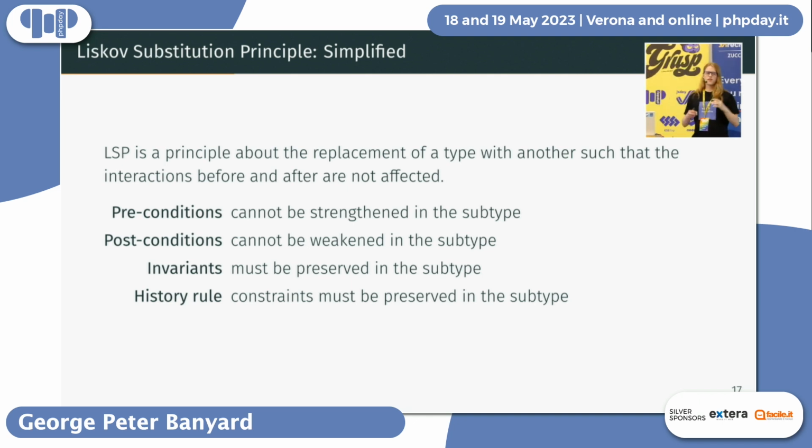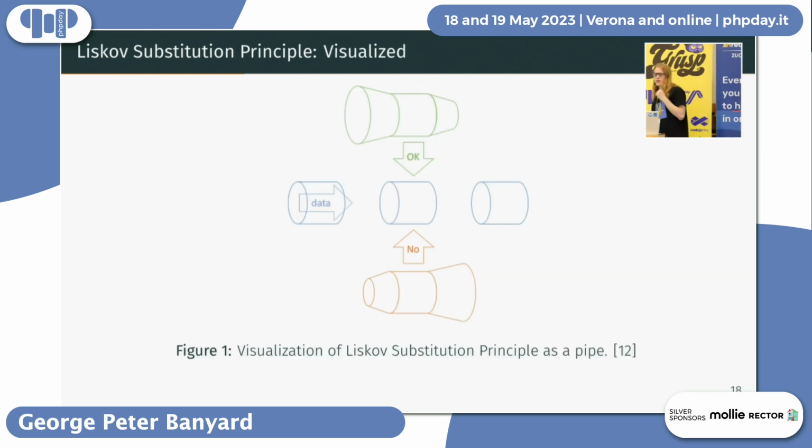So if you have a robot which has a function move, and you then extend it with another class and you add a function run, what you cannot do is directly modify the properties which indicate the position of the robot without going through move, because this is a violation of the history rule. And like I said earlier, this is something that a compiler cannot check, and this is something you need to check as a developer.